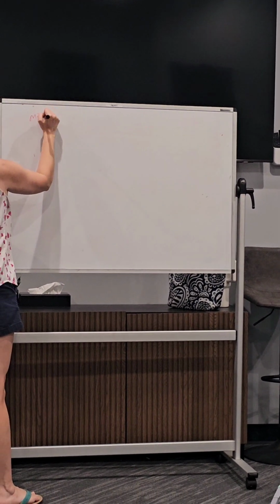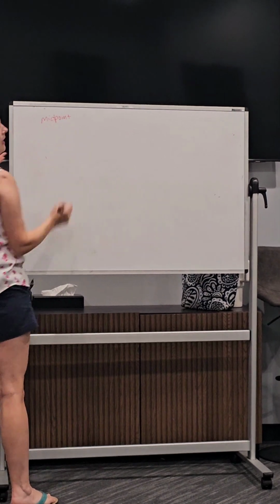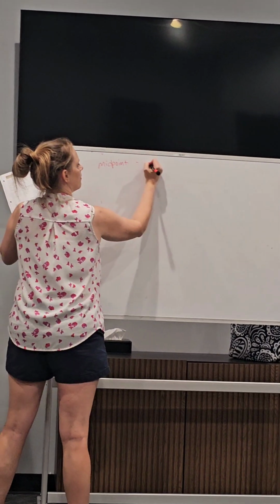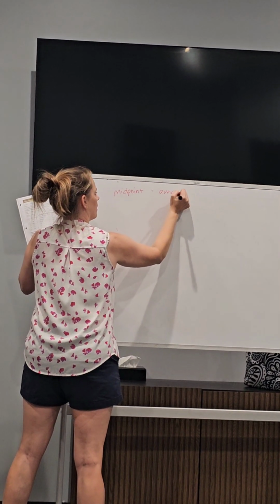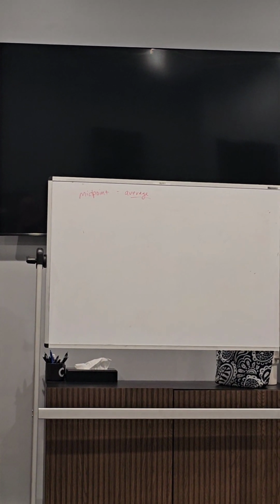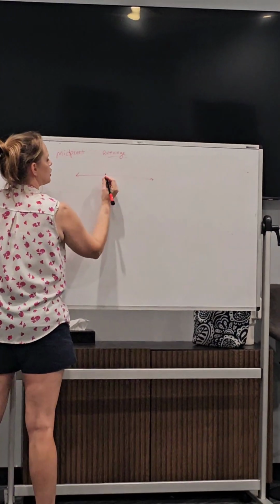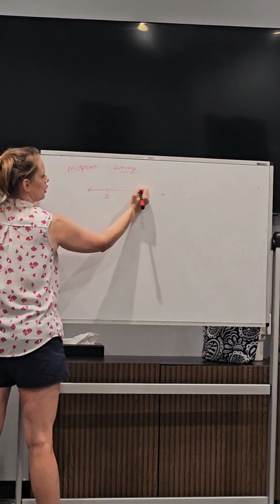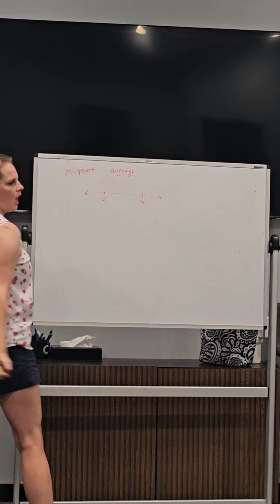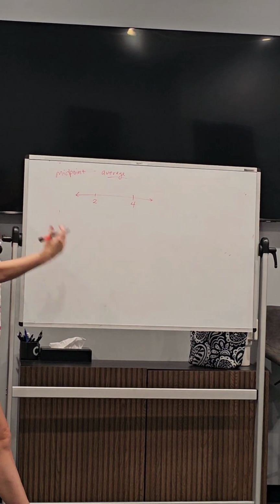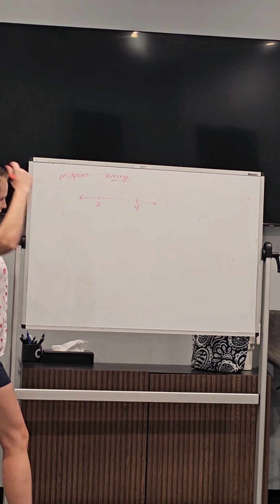Midpoint. You guys all already know how to do midpoint. It's the average. Do you all know how to average things? Yes, okay. So if I have the midpoint between the numbers 2 and 4, what is the middle number? 3.